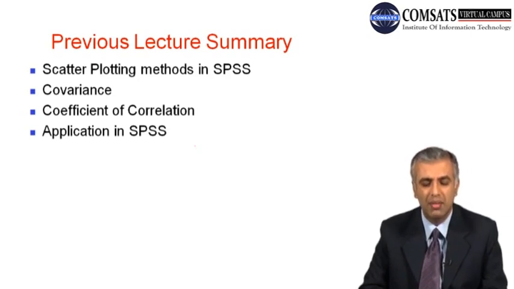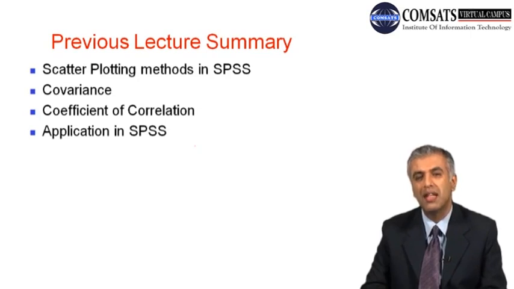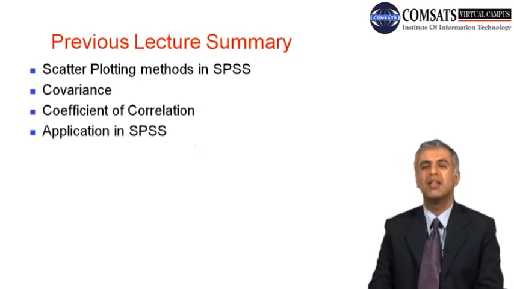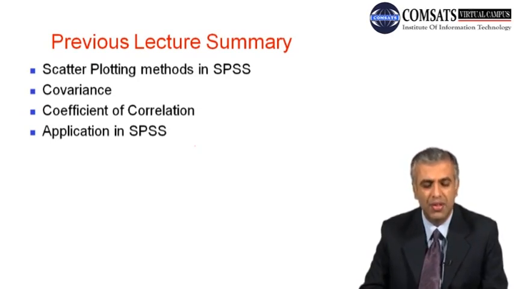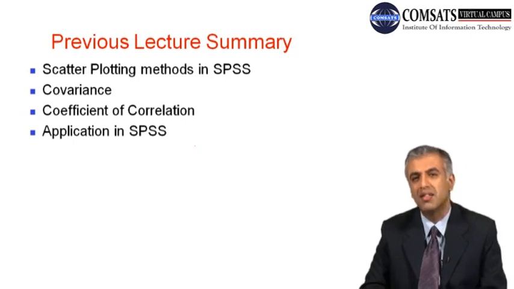The second important factor used to measure the relationship is the coefficient of correlation. It's a more refined form of covariance, and it gives us the intensity of the relationship on a certain scale. The advantage of this coefficient is that it can be easily compared with any other coefficient of correlation determined in any other study.